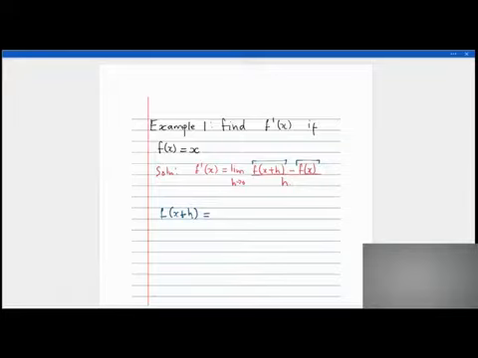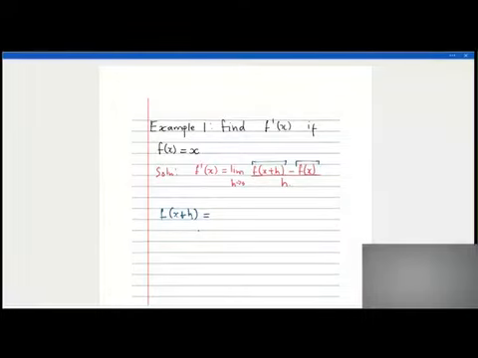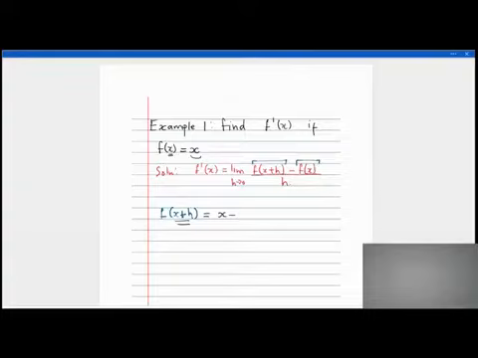We know that f at x is equal to x, so we substitute this new value of x, which is our input on that function f of x. Putting this input value into my function, it becomes x plus h.